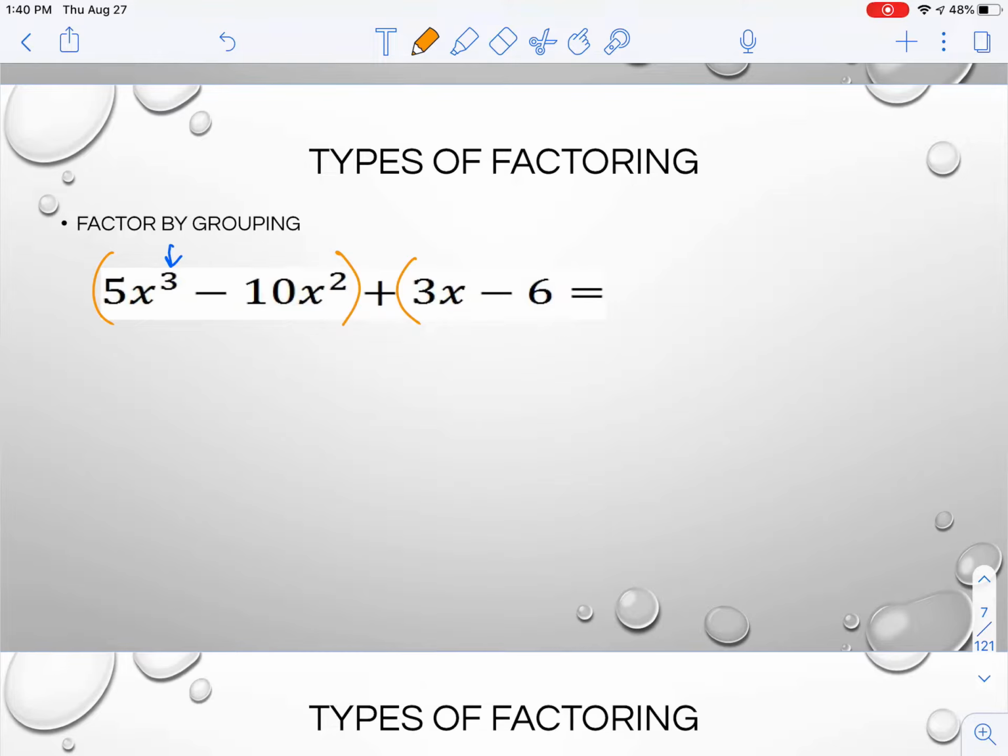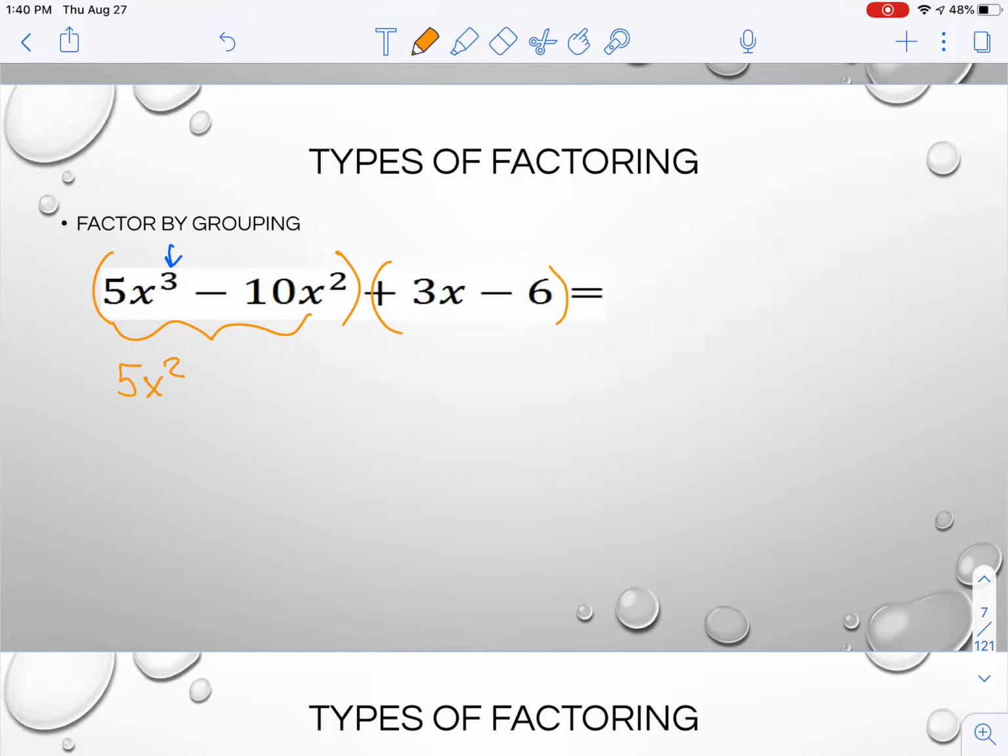I'm actually going to take the sign there, because if that's negative, it presents an issue that you need to take the sign in front. So now, with this term here, we're going to pull the greatest common factor out of that. So 5x cubed and a negative 10x squared both contain a, not a 2x squared, 5x squared.